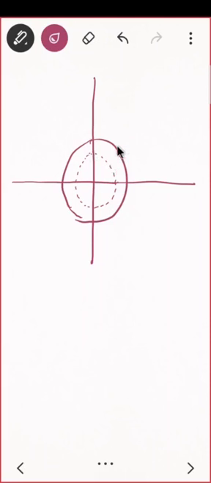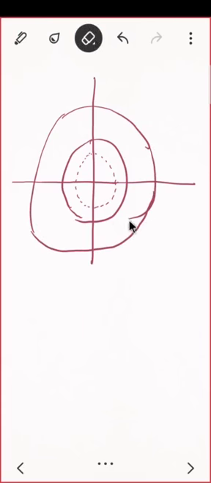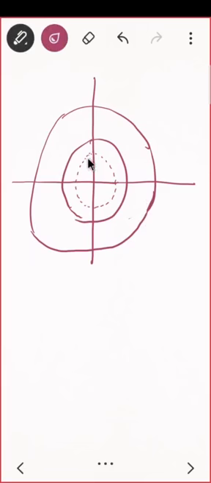And there will be a capital R2, and inside that there will be a small r2.